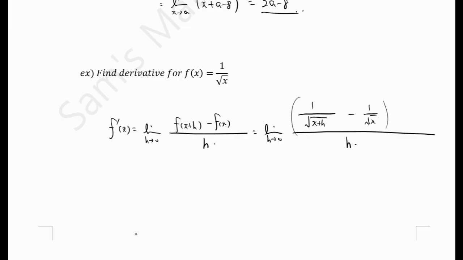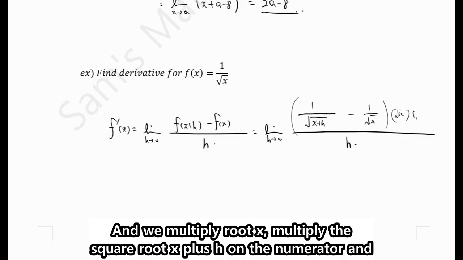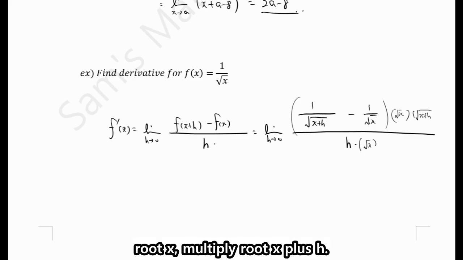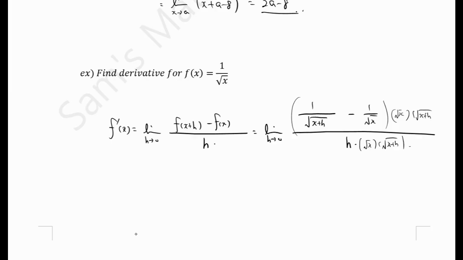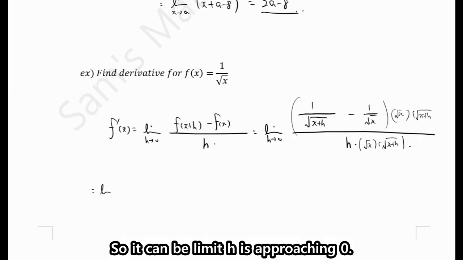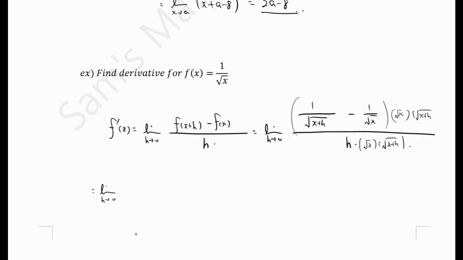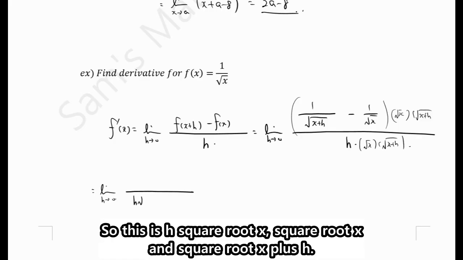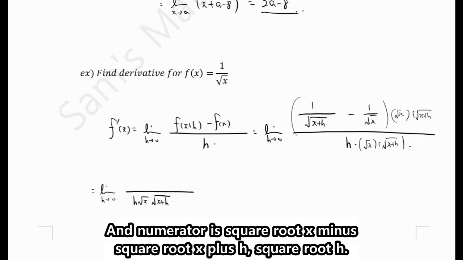And we multiply root x times square root of x plus h on the numerator and the denominator. So it can be the limit as h approaches 0. The denominator is h times square root x times square root of x plus h, and the numerator is square root x minus square root of x plus h.